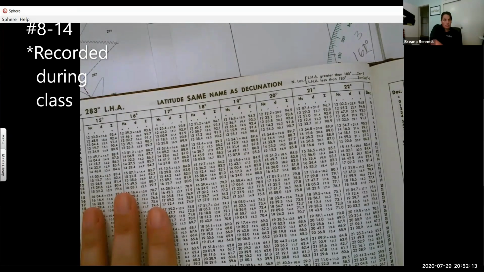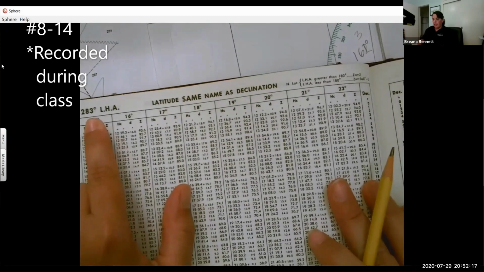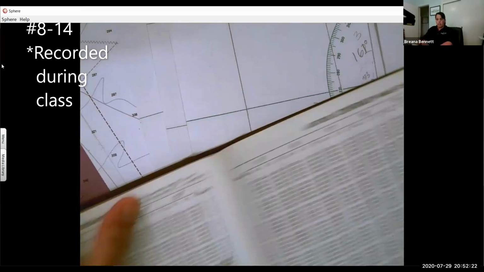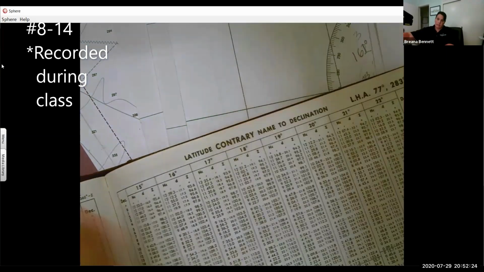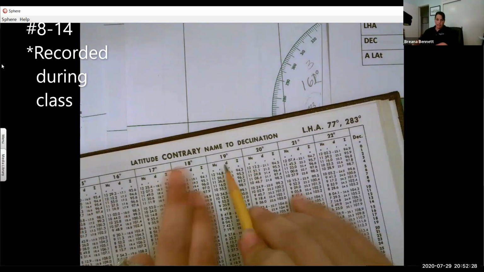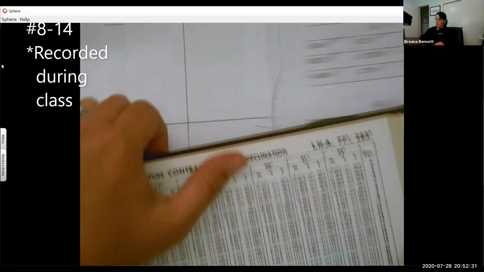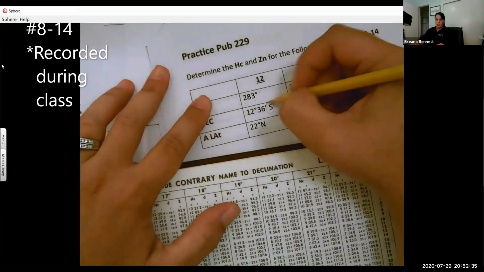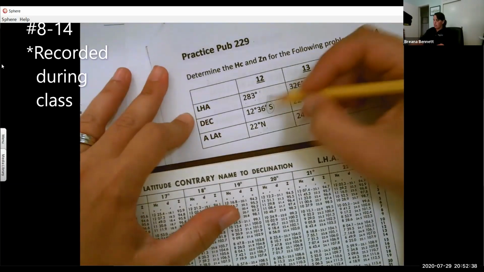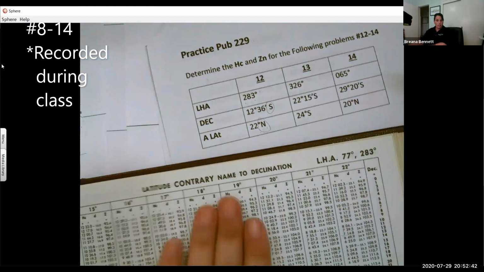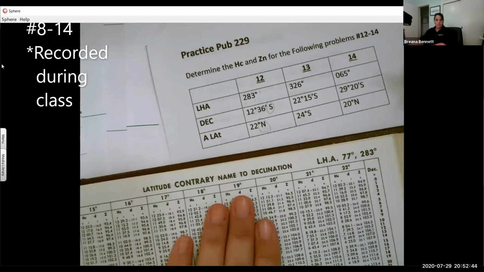Let me make this smaller, sorry. 283 for latitude, same as the declination, and then we have 283 for the latitude contrary to declination. Our problem, we have a declination of south and a latitude of north. So we are on the contrary side. We're going to be on the right side.